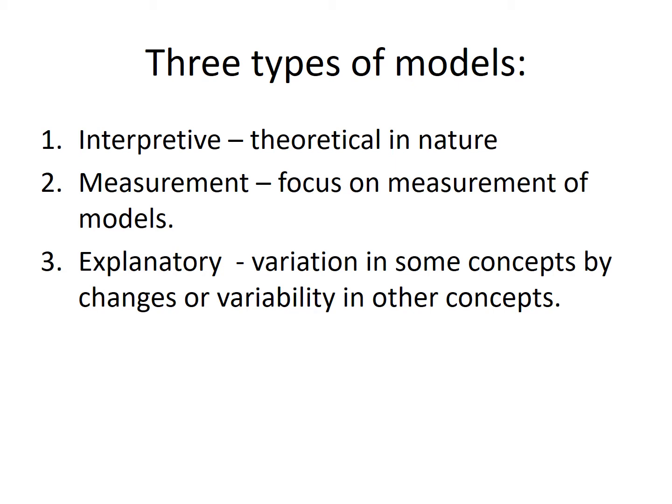So if we were talking about Veblen's concept of conspicuous consumption, that would be more of an explanatory concept. Or if we were talking about sexual assault, and the concepts change or vary on that, then it's going to be explanatory. And a lot of the quantitative articles that you've already read are going to be examples of measurement models.